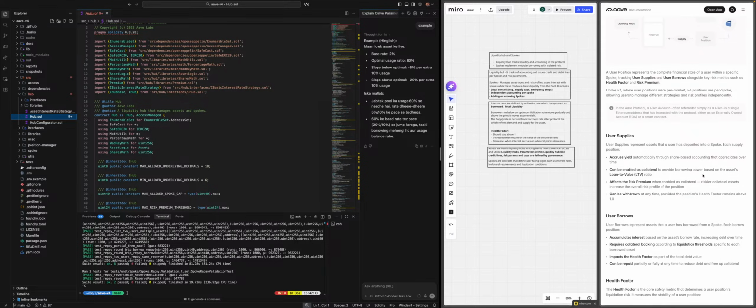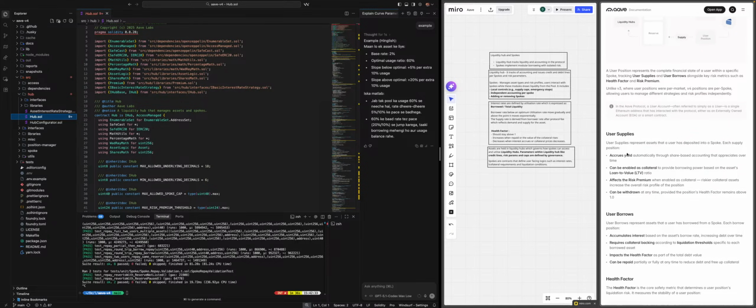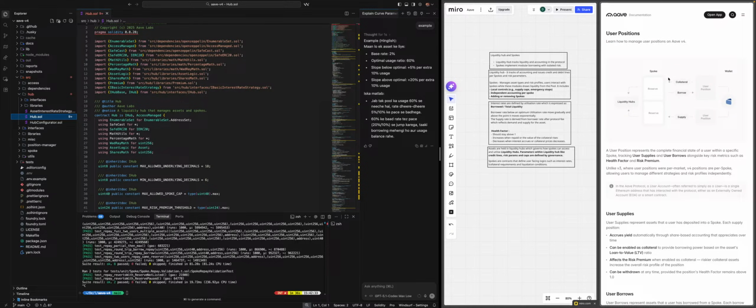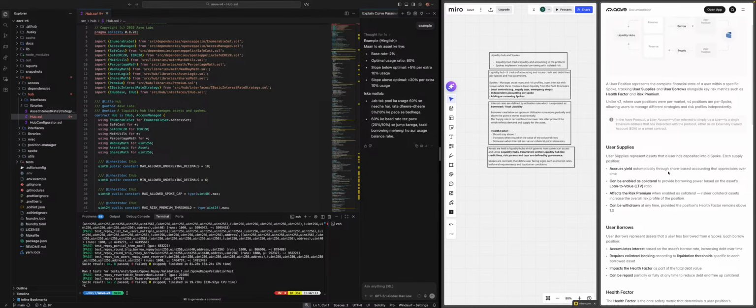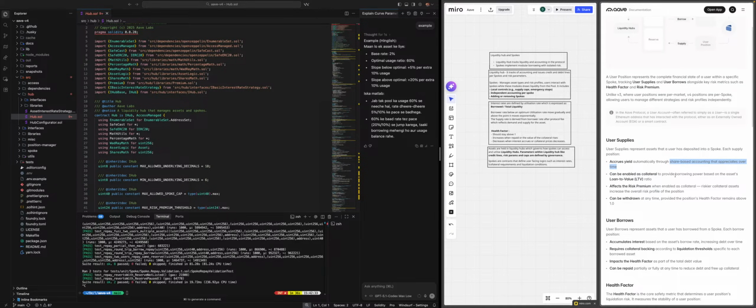Each supply position, so supply is basically this one, not the borrow one, accrues yield automatically through share based accounting that appreciates over time. For those of you who don't know much about share based accounting, the protocol means shares rather than the actual token itself. When you deposit, the protocol mints you shares.